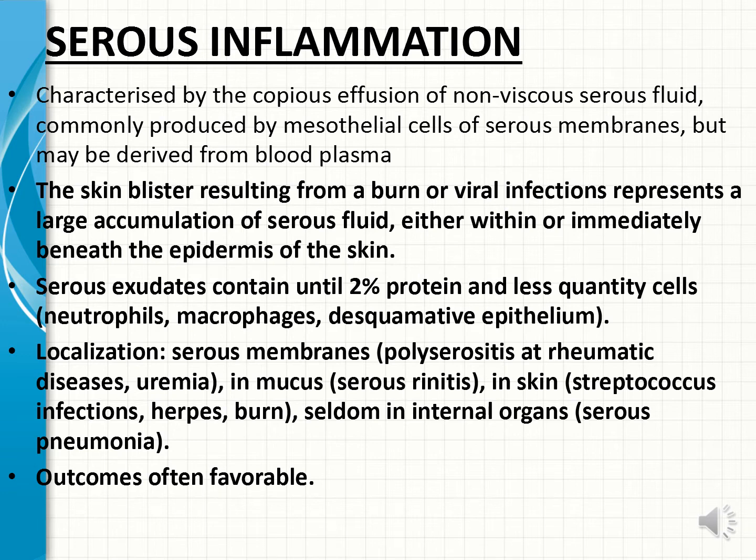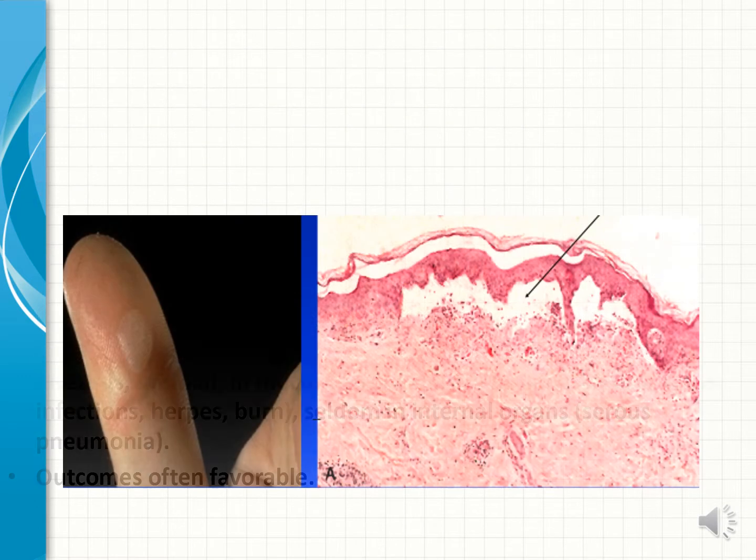We can see it in skin, in case of streptococcus infections, herpes, and burn. Seldom this kind of inflammation is revealed in internal organs, for example, serous pneumonia. The outcome or fate of serous inflammation is often favorable for the patient.